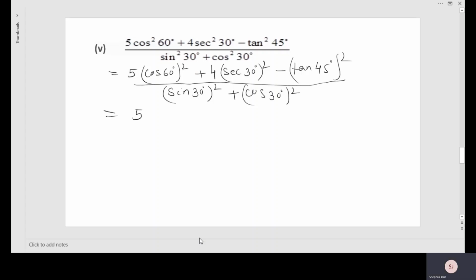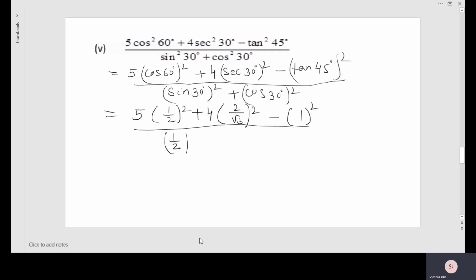Then 5 into cos 60 is 1 by 2 whole square, plus 4 sec 30, which is the reciprocal of cos, so 2 divided by root 3 whole square, minus tan 45 which is 1, so 1 square. Divided by sin 30 is 1 by 2 whole square plus cos 30 is root 3 by 2 whole square.